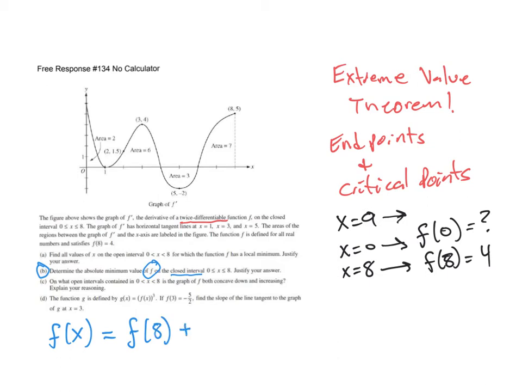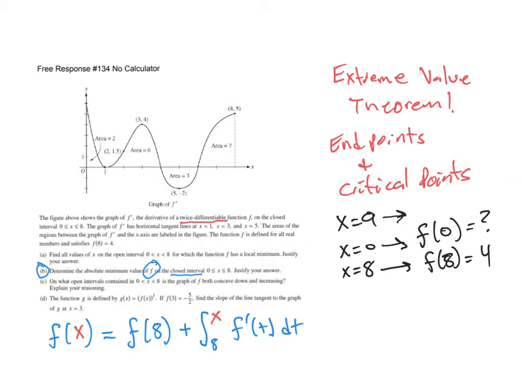And then we add on the accumulated change from 8 to whatever x value we're interested in. In fact, let me make my x's red in both situations here just to make this look a little more intuitive. Of the derivative, right? We're going to integrate the derivative f prime of t dt.